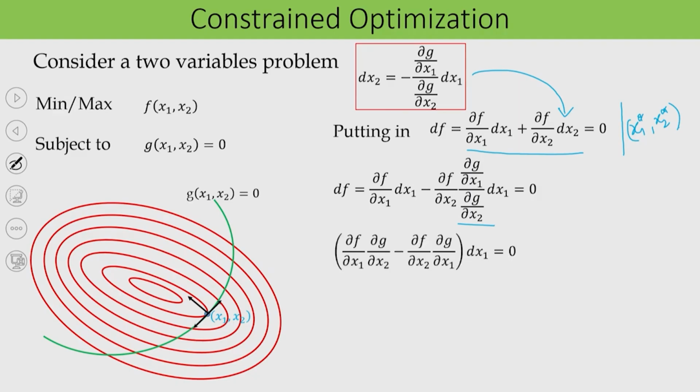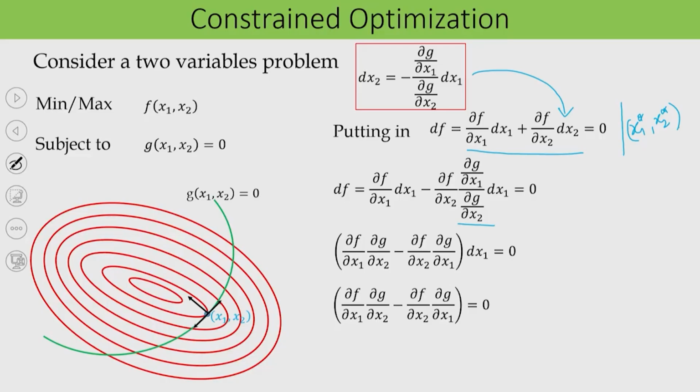Simplifying further, I get del f by del x1 into del g by del x2 minus del f by del x2 into del g by del x1, into dx1, equal to 0. As dx1 is not 0, this portion should be equal to 0.